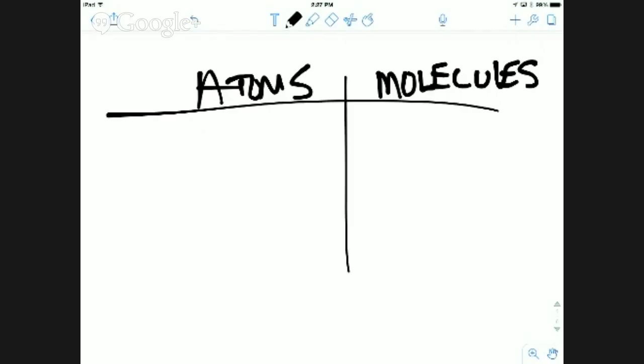So if we say Ne, well, Ne is an atom. So in that case, a particle is an atom, because a molecule has to be two or more atoms bonded together, and they can be the same element, but different atoms bonded together.